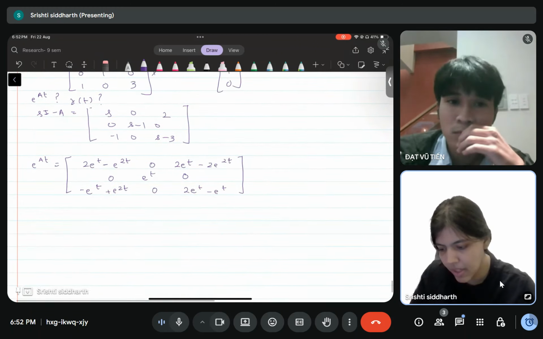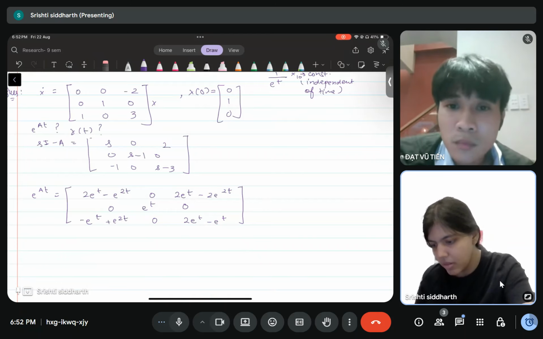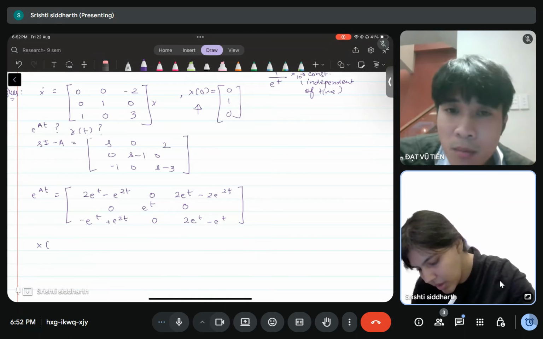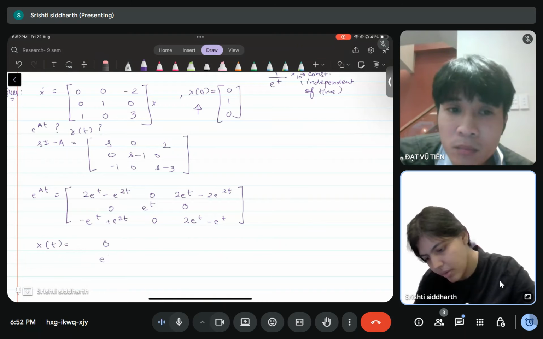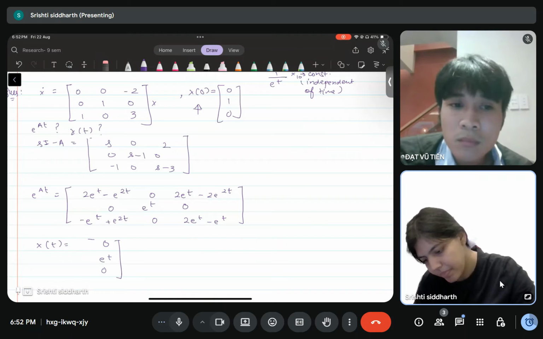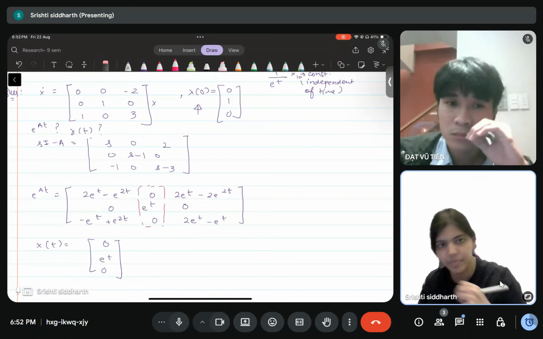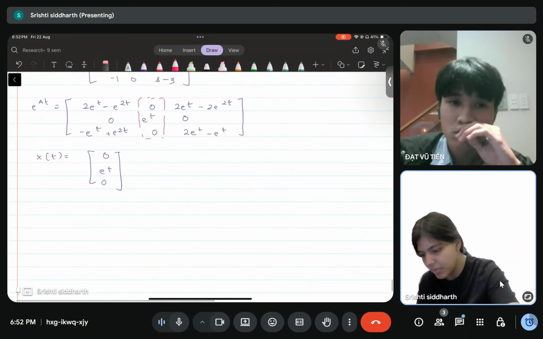But let's look at this case. So we have e to the power At and the initial condition is also given. So what is x of t? This is 0, e to the power t and 0, right? We extract this column. What does this mean?